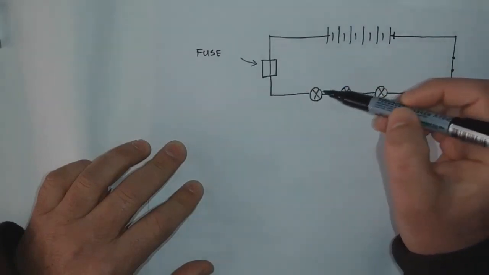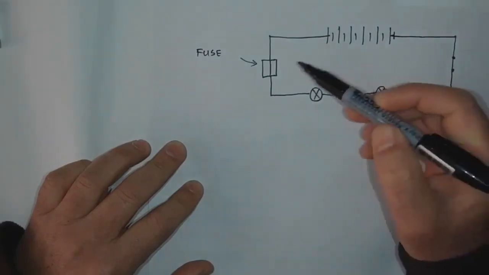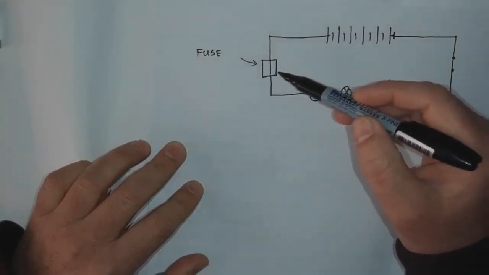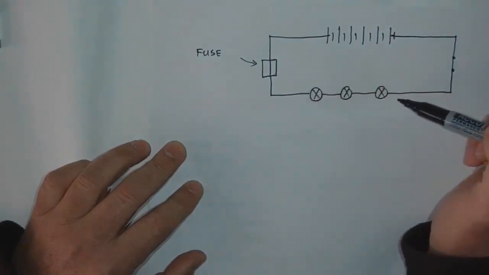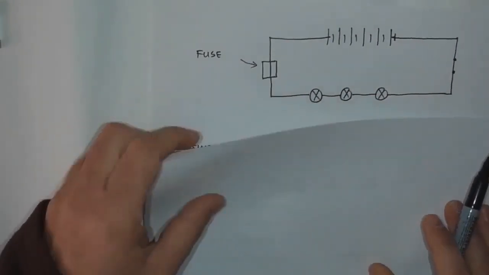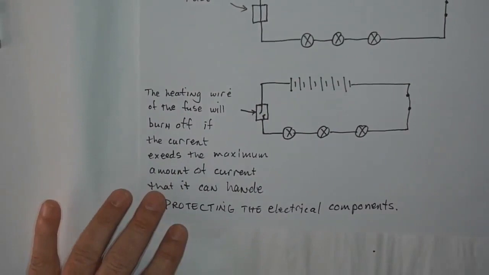And it will stop the current, and then these globes will not be damaged. So it's actually a very valuable circuit component to include inside a circuit. It can protect the circuit components.